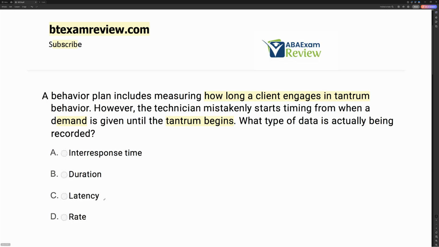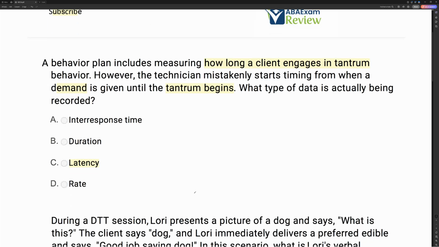So what we're looking at here is latency, how long it takes for the tantrum to actually begin. And then D, rate can't be rate because we're measuring time, and rate has to do with frequency. Frequency or rate is just frequency with a time component added. So if we're measuring from the demand or the SD until the start of a response, we're measuring latency.